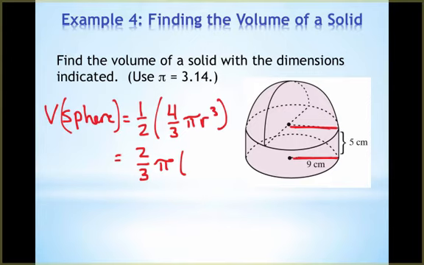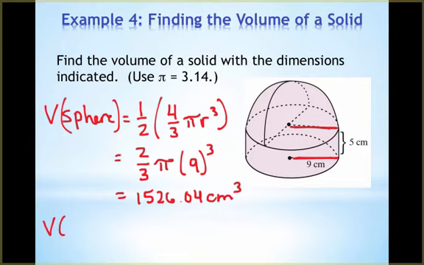So that's going to be 2/3 of 9 cubed. So I can do 2/3 times pi times 9 cubed and get 1526.04. And that would be cubic centimeters.